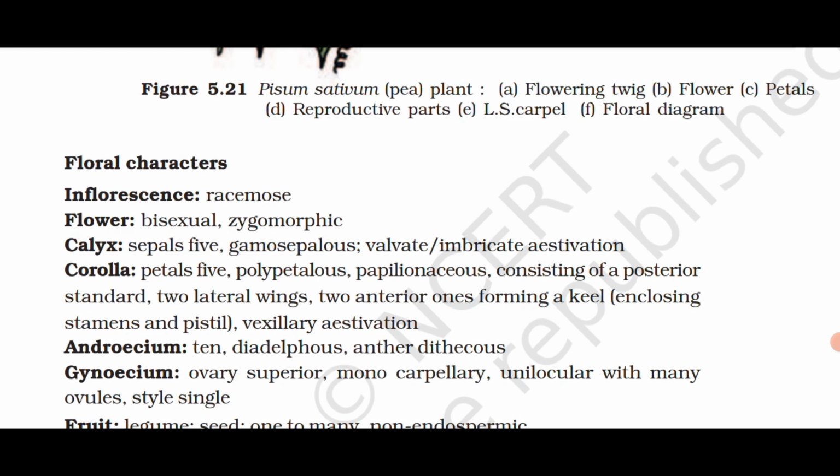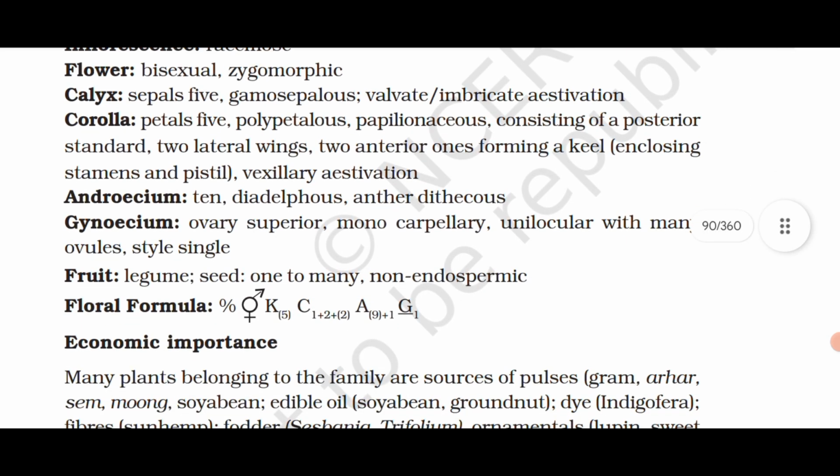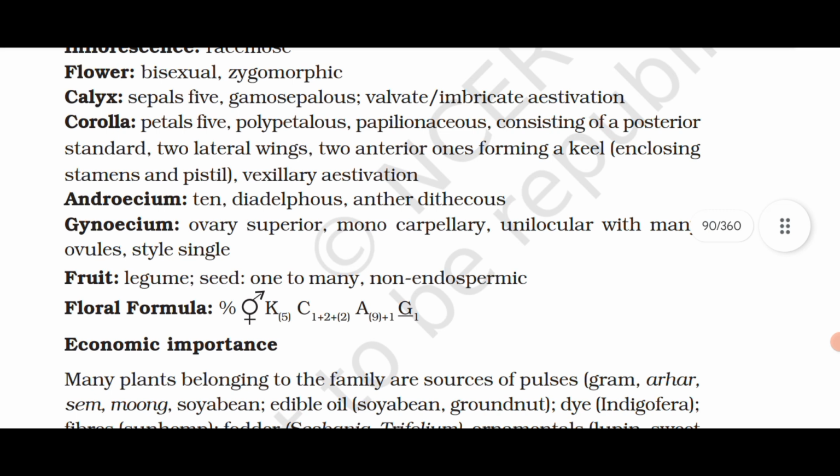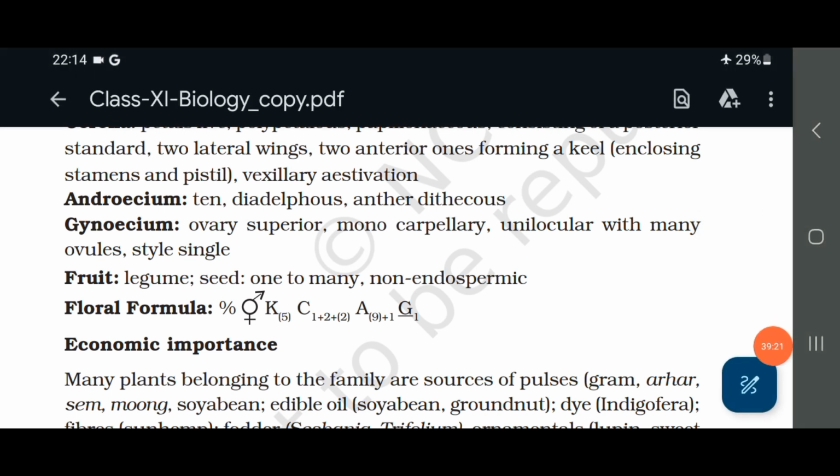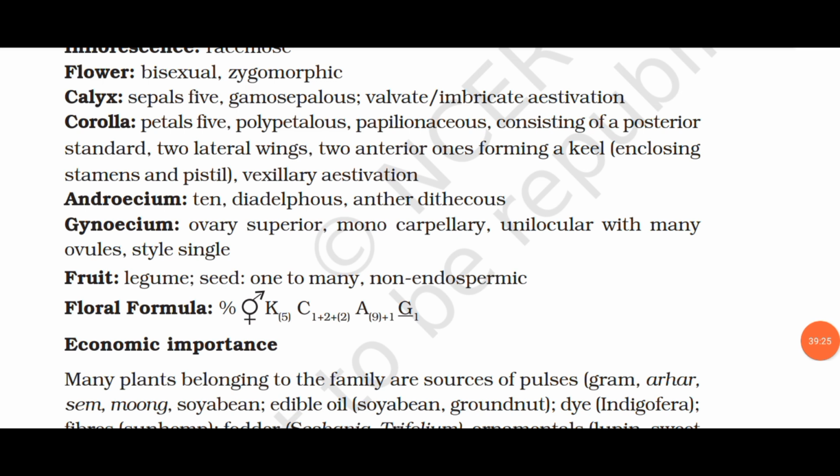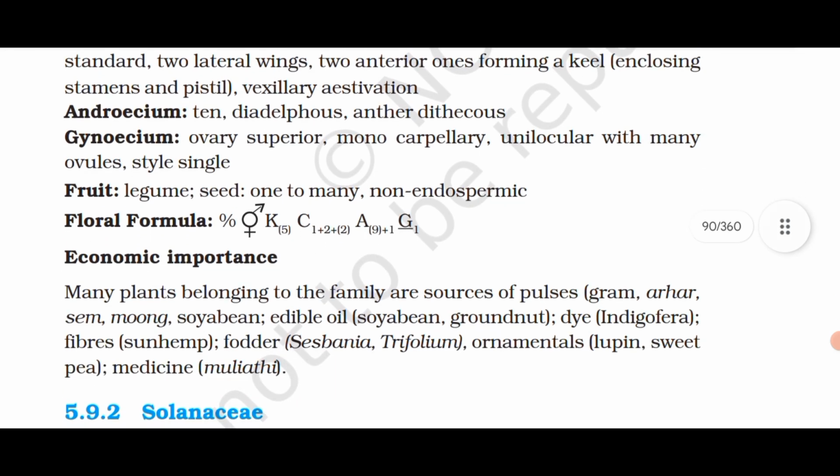Androecium 10, diadelphous, anther dithecous. Gynoecium: ovary superior, monocarpellary, unilocular with many ovules, style single. Fruit legume; seed one to many, non-endospermous. Floral formula: percentage sign, bisexual, K(5), C 1+2+(2), A (9)+1, G dashed 1.